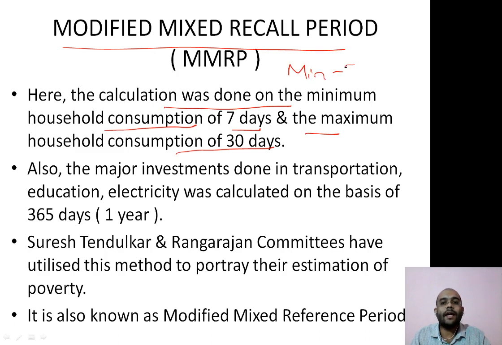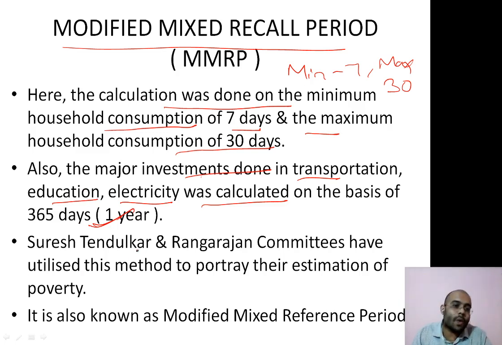Also, the major investments done in transportation, education, electricity were calculated on the basis of 365 days or approximately 1 year. Suresh Tendulkar and Rangarajan committees have utilized this method to portray their estimation of poverty.